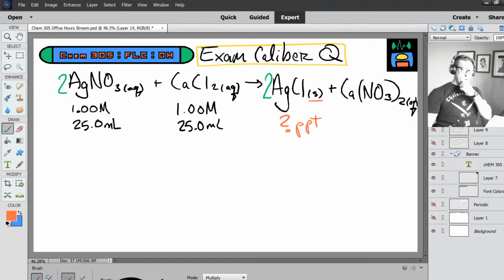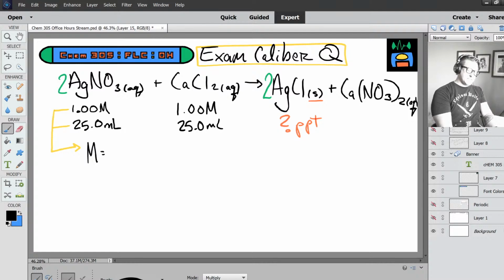All right. Now, something that I want to take a moment to talk about is something that you will see over and over again, where you're given a molarity and a volume. It's super clutch to be given these two in tandem, because we know that molarity is equal to moles over liters, right?